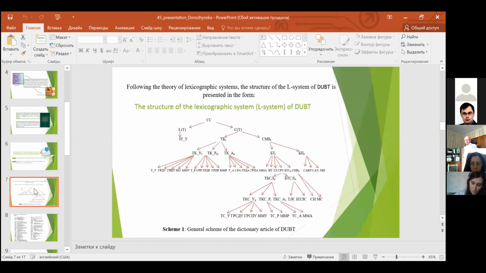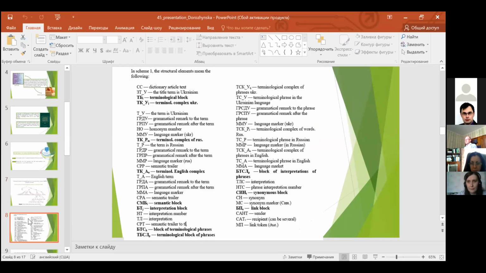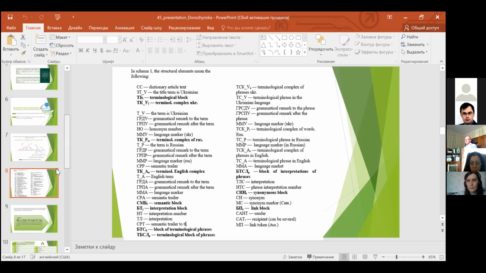Following the theory of the lexicographic system, the structure of the lexicographic system of the dictionary is presented in the form of a scheme. The following notations are used in the scheme, as on the slide.